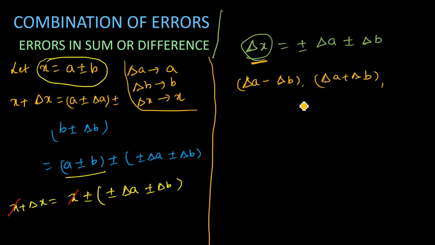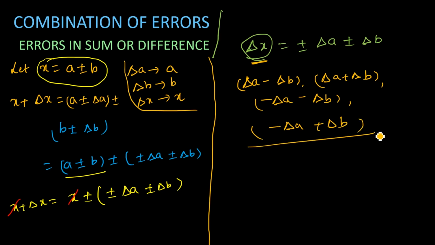Then minus delta a minus delta b, and then minus delta a plus delta b. These are all the values of combination of errors. The maximum absolute error in x, delta x equal to, what is that?